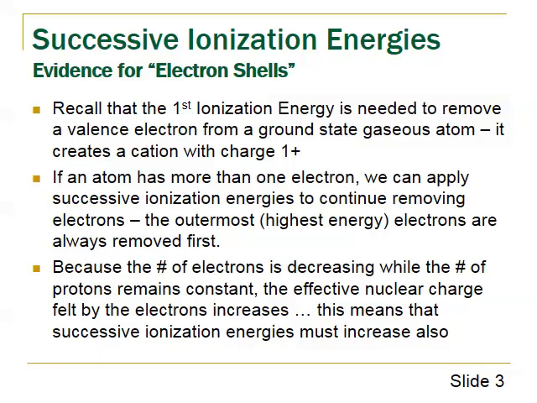The first ionization energy was the energy needed to remove the first valence electron from the ground state gaseous atom. You could take away a second valence electron and a third until there are no more valence electrons. Then, if you want, you can continue taking electrons from the energy level below that, again, until you run out of electrons. So now we're going to talk about successive ionization energies.